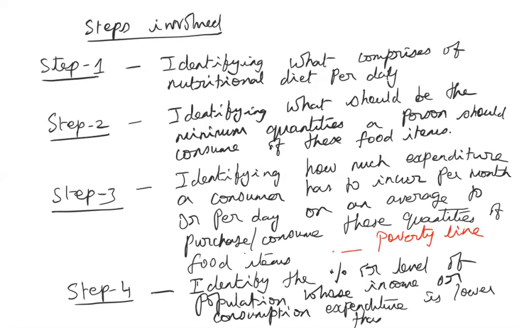In a particular state or country, how much percentage of the population is not able to meet that required expenditure? Then you'll say this much percentage of the population in this state is below the poverty line, and this much percentage in this country. This is how the country identifies the percentage of poor people.